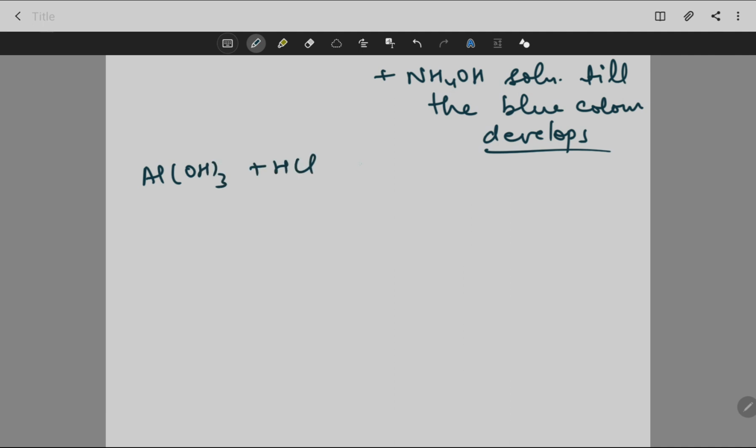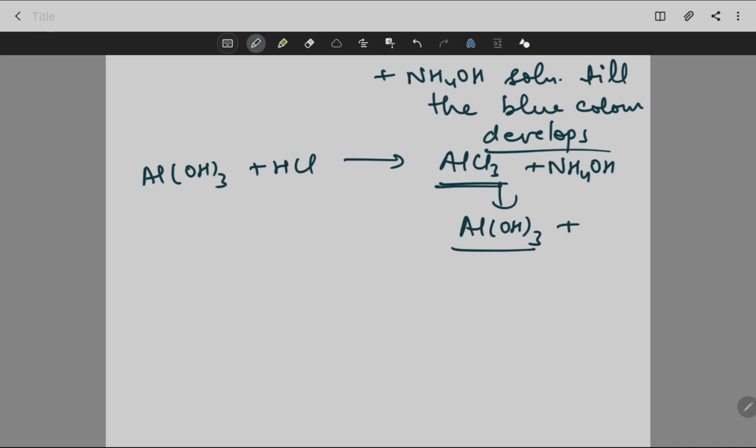We dissolve this gelatinous white precipitate in HCl. We get aluminium chloride, AlCl3, right? Now in this aluminium chloride, we are adding ammonium hydroxide till the blue color develops. So why will the blue color be there? That is because of Al(OH)3 again formed, plus ammonium chloride. So this is the chemistry behind Lake test. The precipitation of aluminium hydroxide is done in presence of blue litmus.